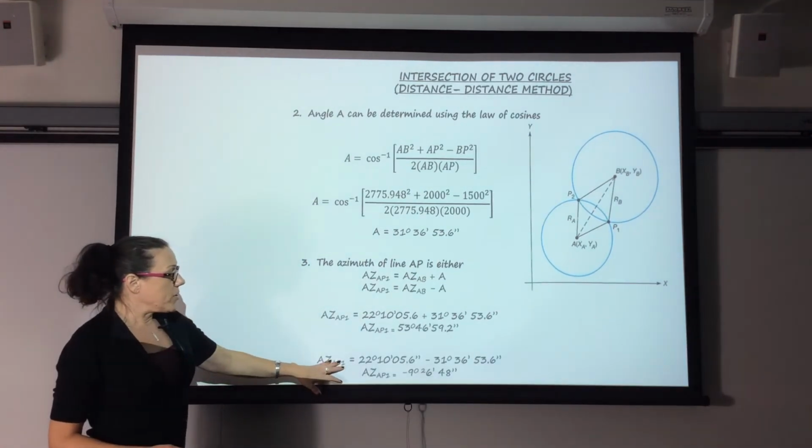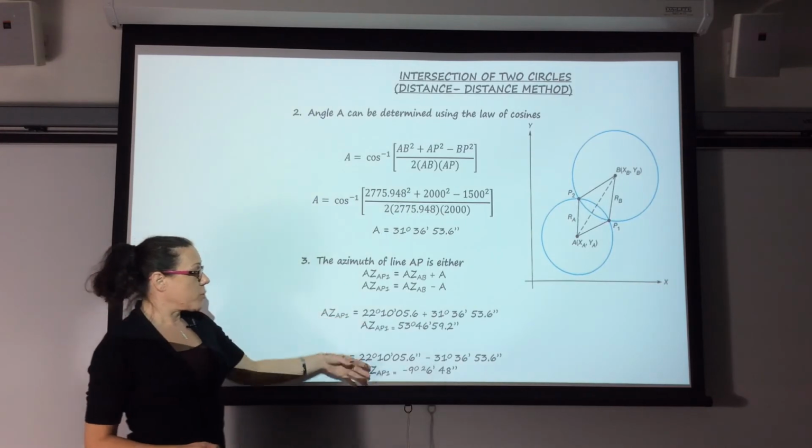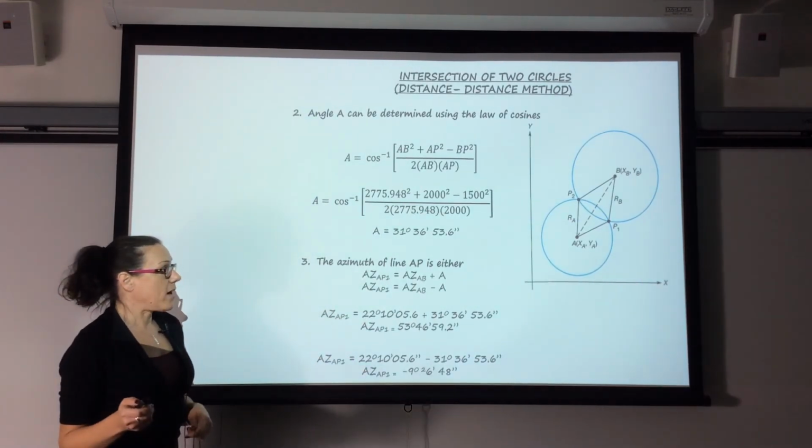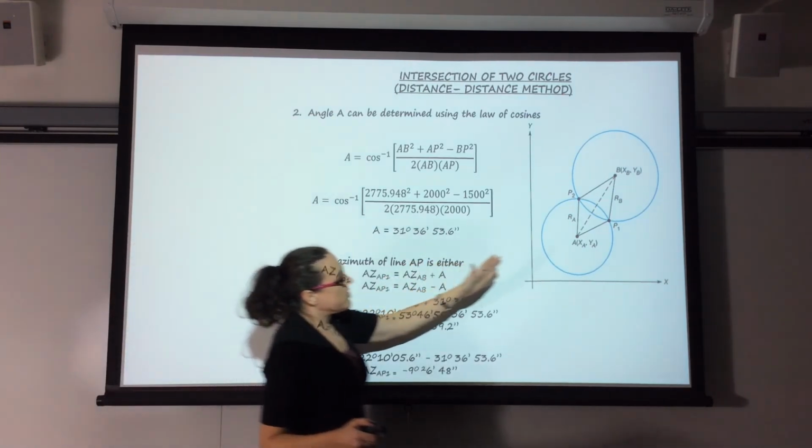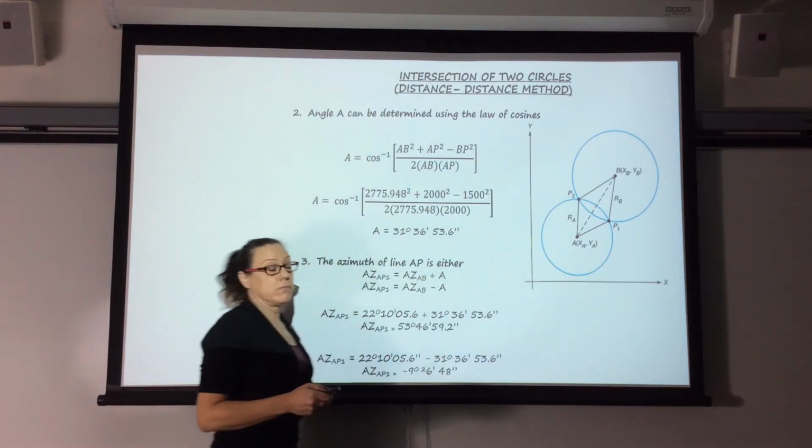And the other one is going to be a negative value. If I subtract them, I get a negative value. That means the picture isn't drawn perfectly, so it's going backwards, okay?